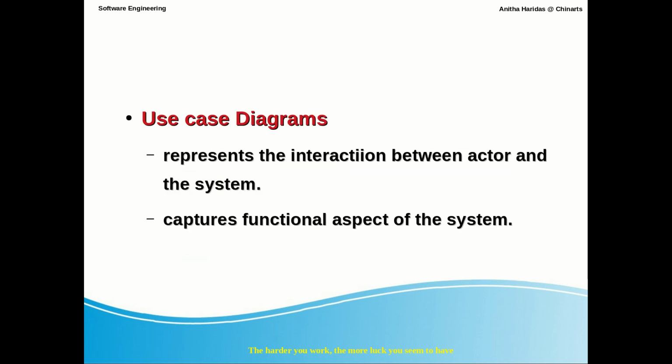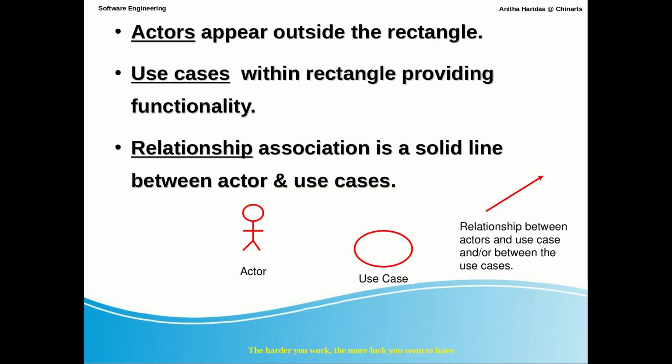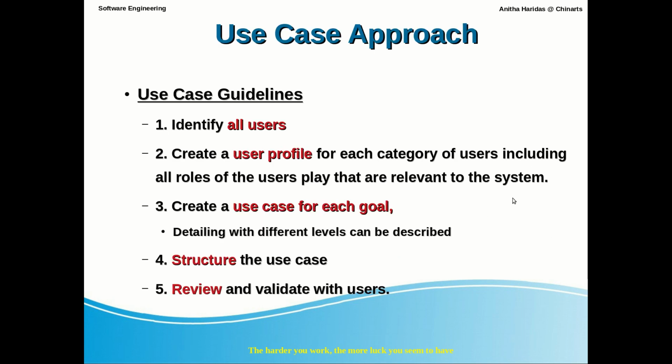We have seen the use case diagram is used for capturing functional aspects of the system and it represents the interaction between actor and the system. And these are the three symbols used in the use case diagram: the actor symbol, use case symbol, and the arrow mark for specifying the relationship. And we have also seen what are the use case guidelines.